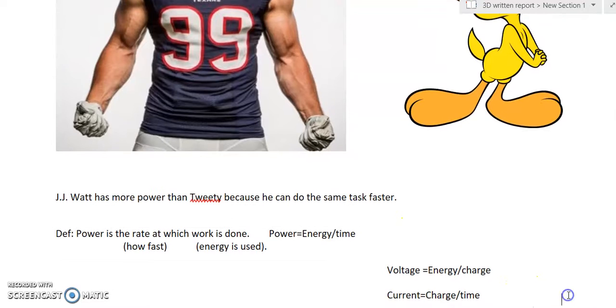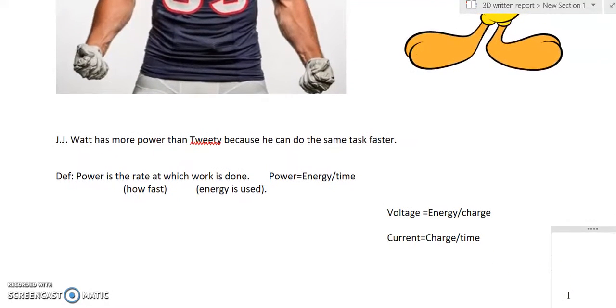So when we put all of these things together, we're going to end up with a very interesting expression. Power equals current times voltage. And let's see if this really works out. So let's see. I said current is charge divided by time. Okay. And we're multiplying this by energy divided by charge.